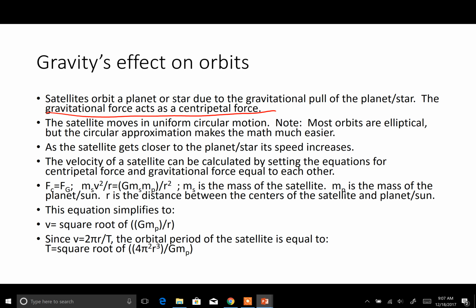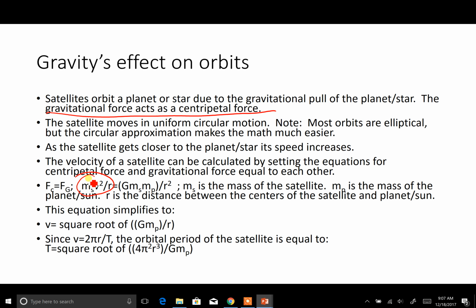The velocity of a satellite can be calculated by setting the equations for centripetal force and gravitational force equal to each other. Remember that centripetal force is m v squared over r, where m is the mass of the satellite. We set that equal to gravitational force, which is the mass of the satellite times big G times the mass of the planet over r squared.